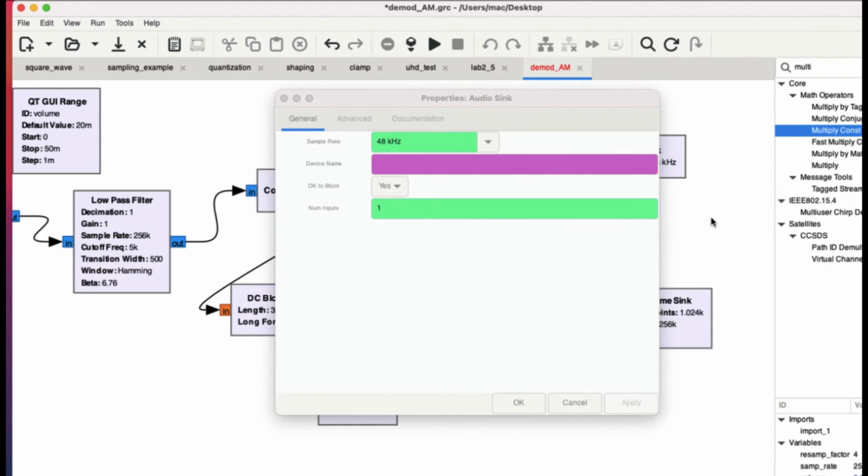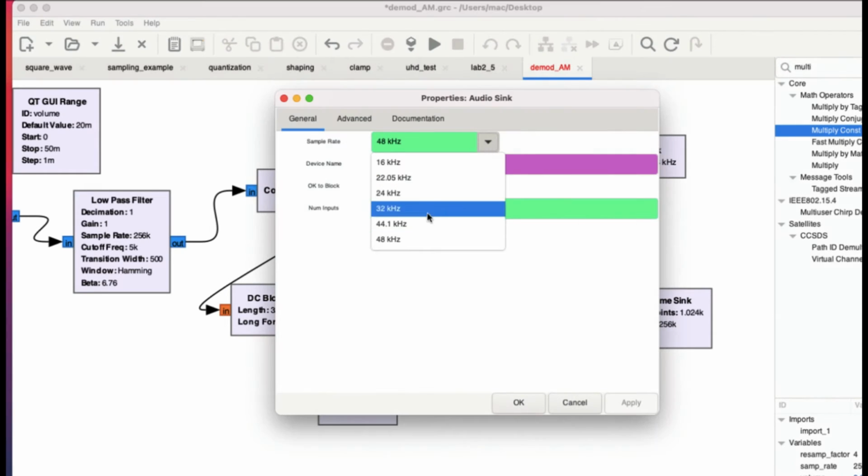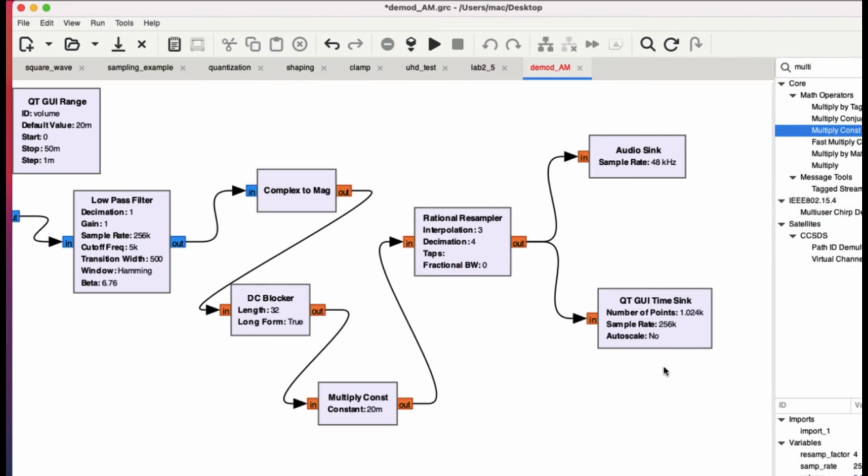So once I interpolate 3 times and then decimate by 4, I can get a ratio that gives me my sample rate of 48 kilohertz. These are just default sample rates, and I want this sample rate to be 48 kilohertz. This is how things are being sampled. The next block I have is my time sink, if you can see this. So the next block at the end is 48 kilohertz.